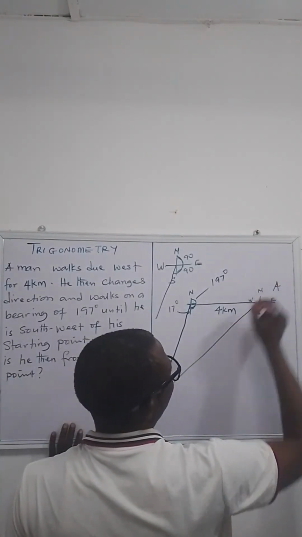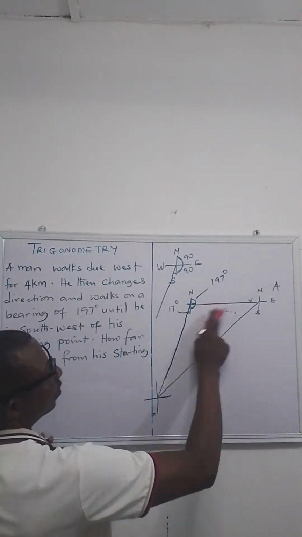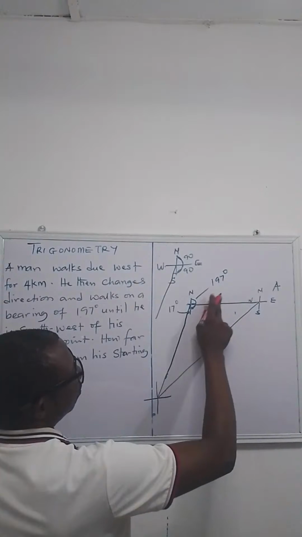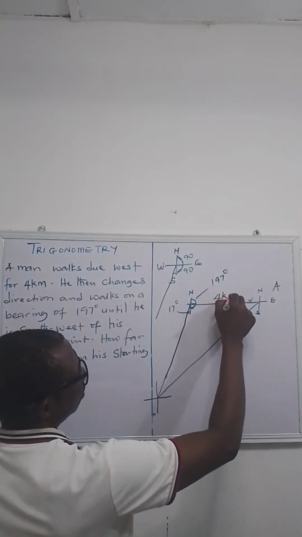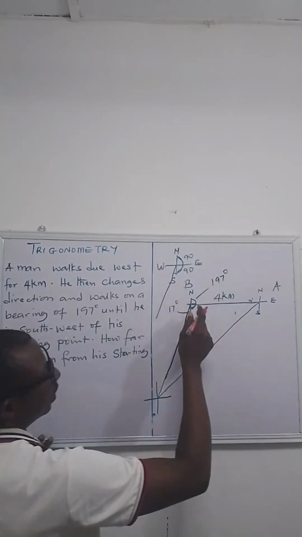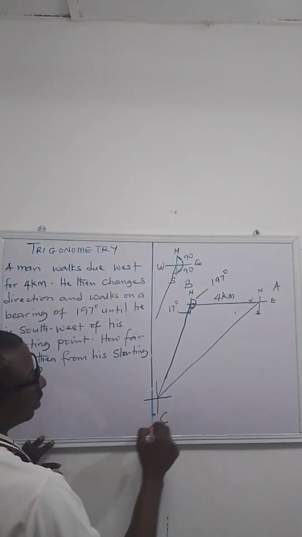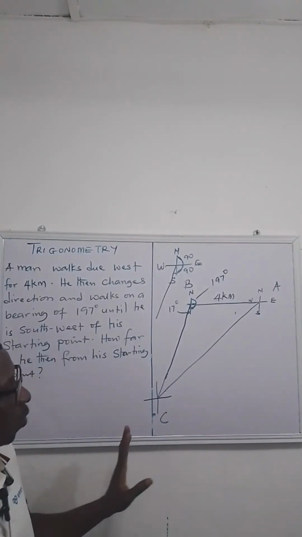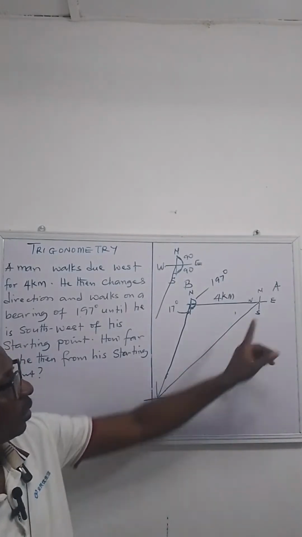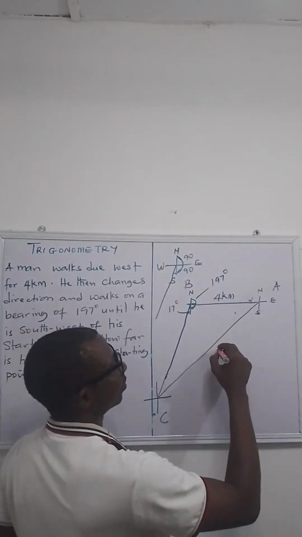Let's say the starting point is A. He moved 4 kilometers, so let's put the 4 kilometers here, and call this place B. Now he changes his course and gets to this place, point C. The question is, what is the distance between A and C? This is what we want to get.